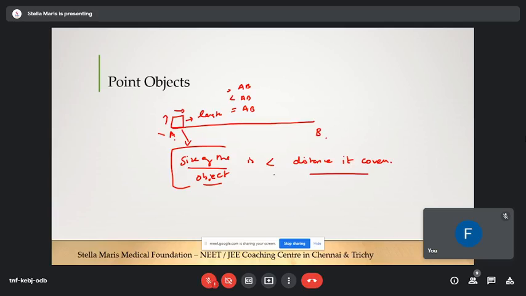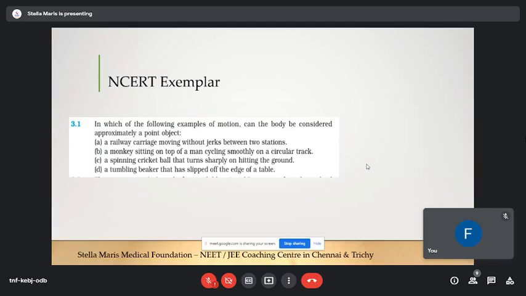C, a spinning cricket ball that turns sharply on hitting the ground. So the cricket ball is the object here. And finally, option D, a tumbling beaker that has slipped off the edge of a table. So the beaker is the object in this situation. In which of these four examples of motion can the body be considered approximately a point object?